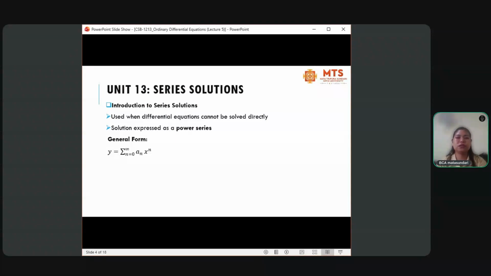Series solutions: an introduction to series solutions. It is used when a differential equation cannot be solved directly. The solution is expressed as a power series. The general form is y equal to summation n equal to 0 to infinity, a suffix n, x to the power n.